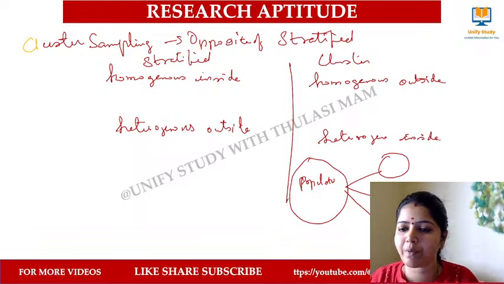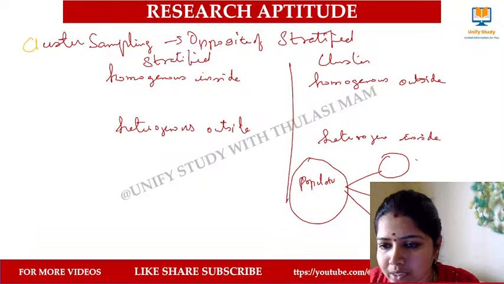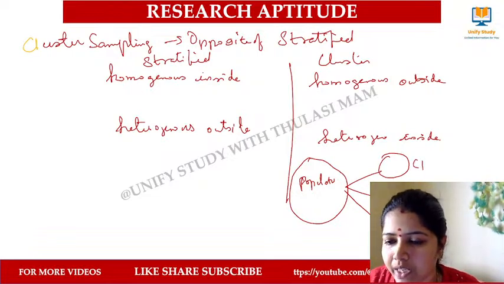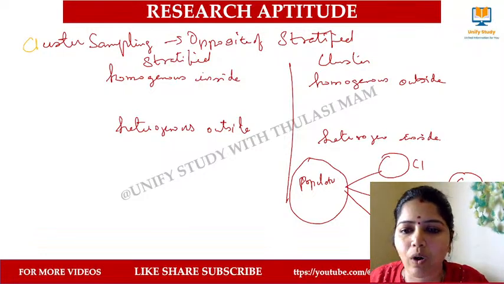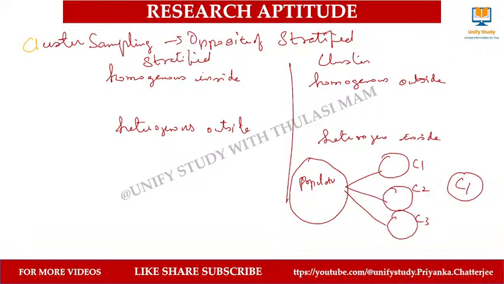This is cluster 1, cluster 2, cluster 3. I'll be selecting cluster 1 as a sample for my research. It is heterogeneous inside, and from the outside, it becomes homogeneous.